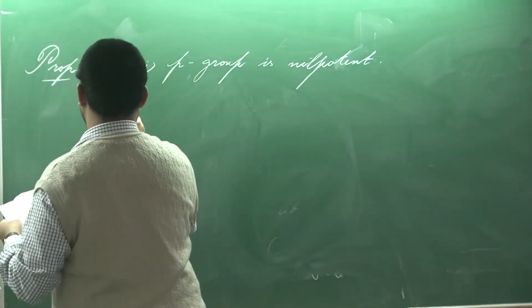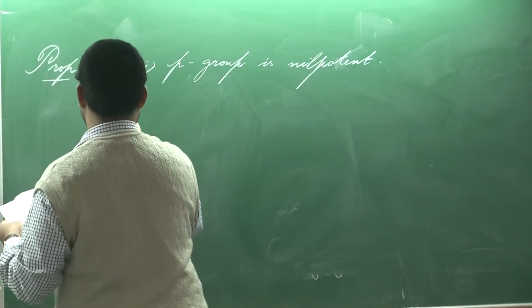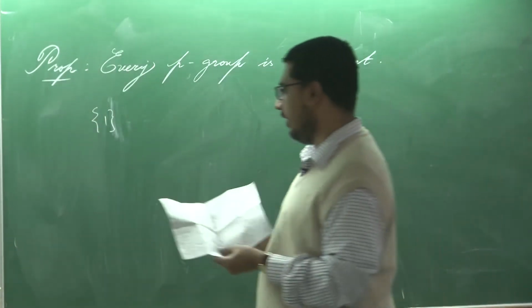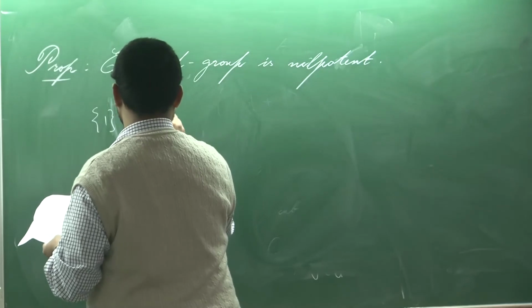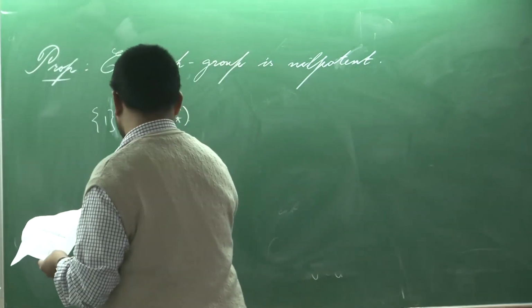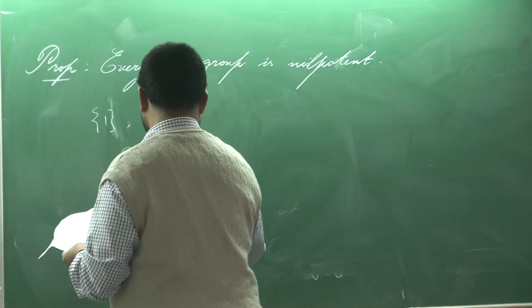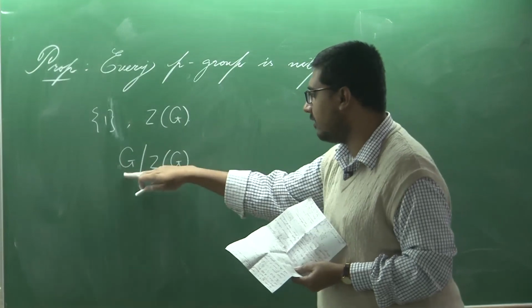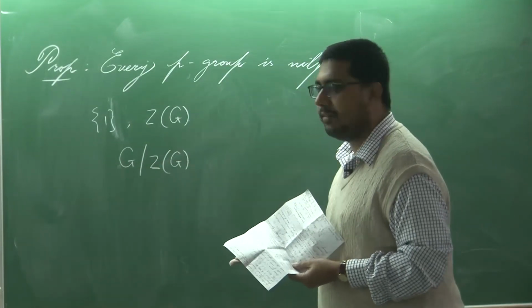So, for that, what we have to do is the following. For nilpotent, we have to consider the ascending central series, the upper central series. So, let us take Z(G), this is non-trivial, then we consider G modulo Z(G). So, its center is again, if this is trivial, then you do not have anything to do, you are done.